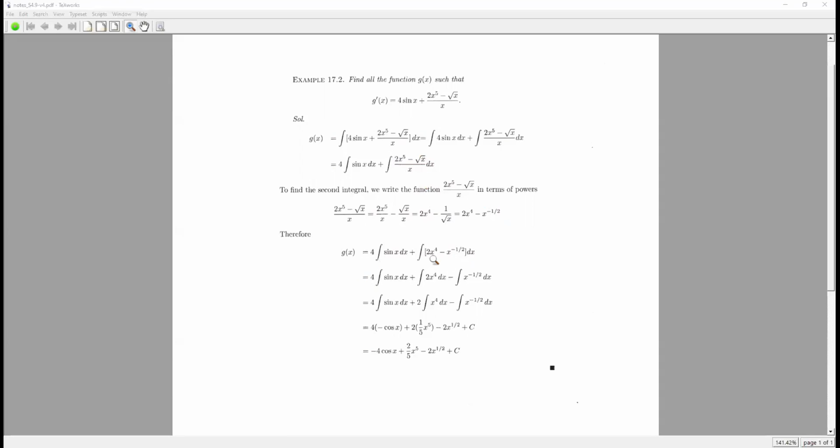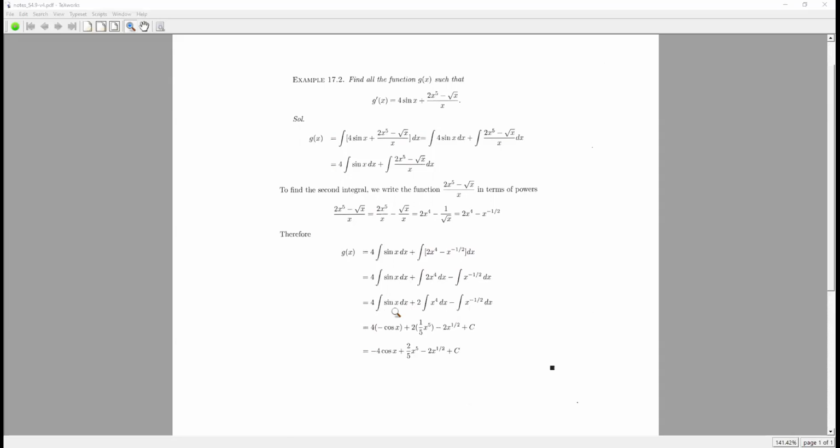Now I apply the difference formula to this integral. Then I get this difference. The 2 is a constant, I move it out. Then I get this. Now it's easy to tell the antiderivatives of these three integrals.